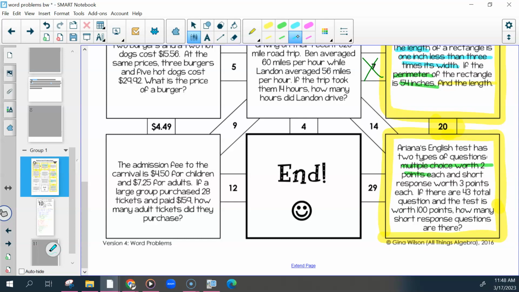Billy? What else? Josephine? 100 points total. Anything else? Billy? Questions? And what are we looking for?